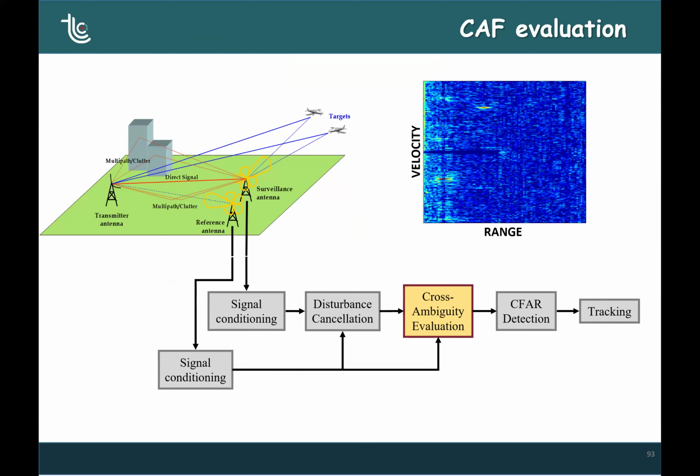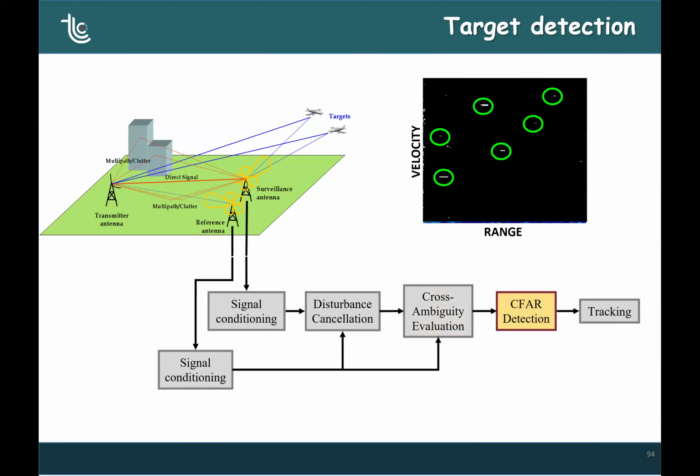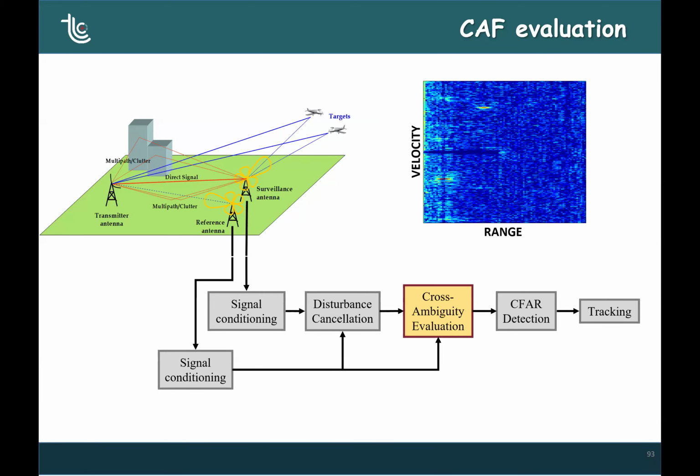So after the signal conditioning and the clutter cancellation, we perform the cross ambiguity evaluation, and then we need to do the CFAR detection. Otherwise, from this velocity-range map, we don't get anything. At least we see that there is something, but it could be clutter, could be noise, could be targets.